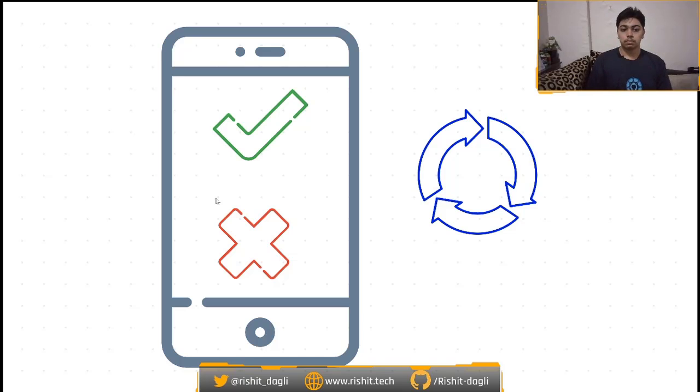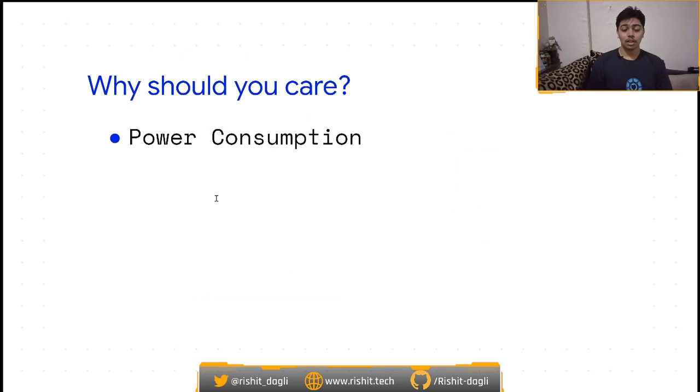Okay, you might be wondering, okay Rishit, you told me what on-device ML is all about, but again coming back to the question, why is this something I should care about? Let's address this question. The first thing that will come to your mind is power consumption.